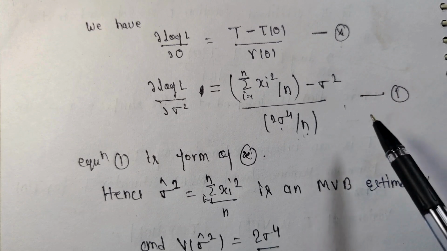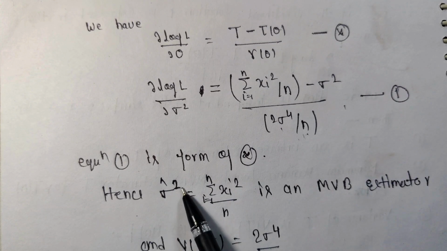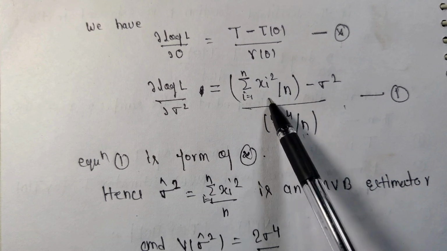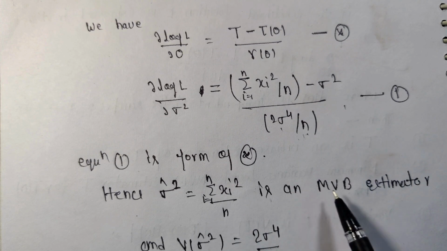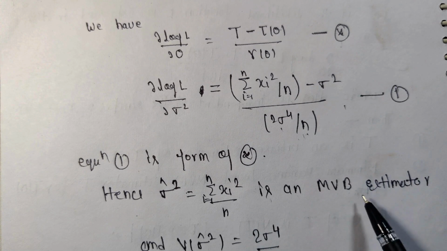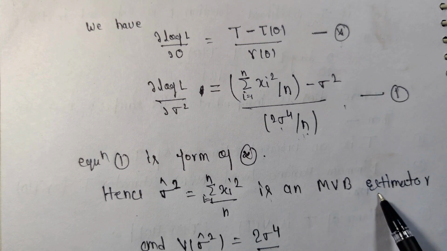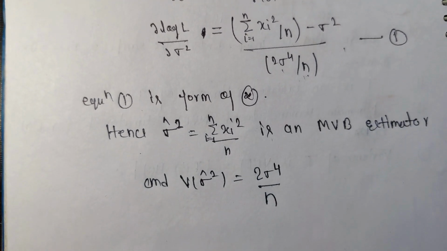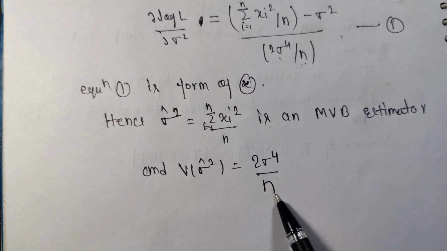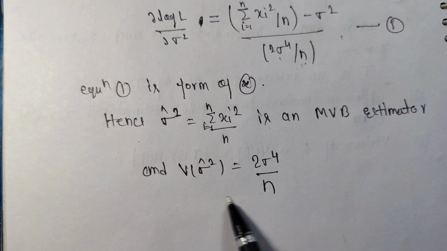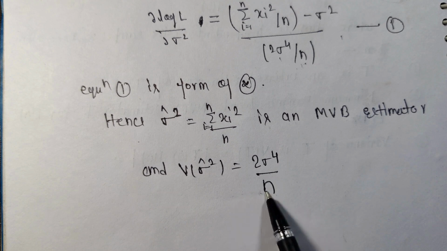Then we can conclude that sigma cap square, equal to summation of xi square upon n, is a minimum variance bound estimator, and the variance of sigma cap square is equal to 2 sigma power 4 upon n. You can find this similar to the first problem. Okay, is it clear?